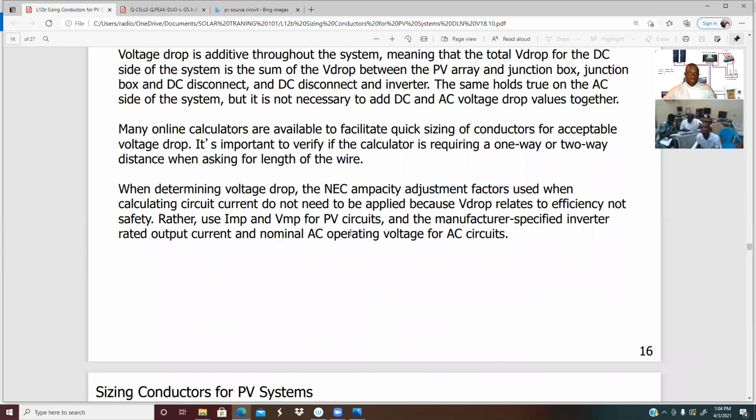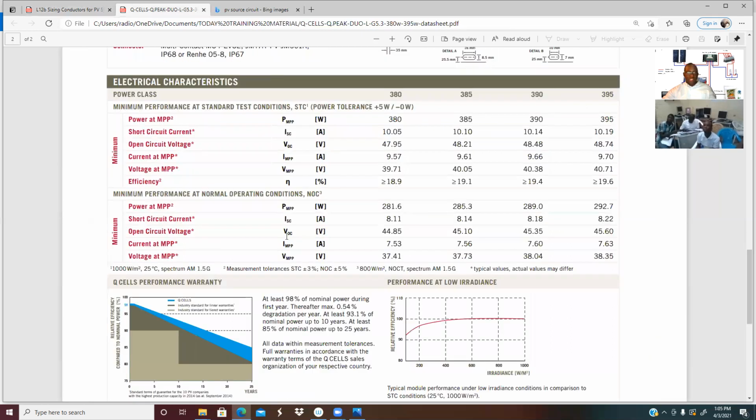So you notice that when we're looking for the irradiance and the continuous duty, we use the short circuit current. We multiply it by 1.25 to find the irradiance, and we add another 1.25 to find the continuous duty.